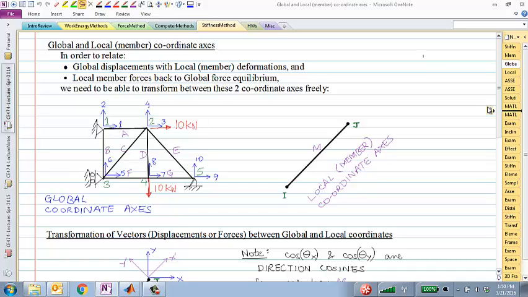Instead of trying to extend it in this direction, if I move it a little bit perpendicular to the member itself, will I create any forces? If I have a truss member, let's say horizontal here, and if I move one of the nodes a little bit up, does the truss member come into any tension or compression?